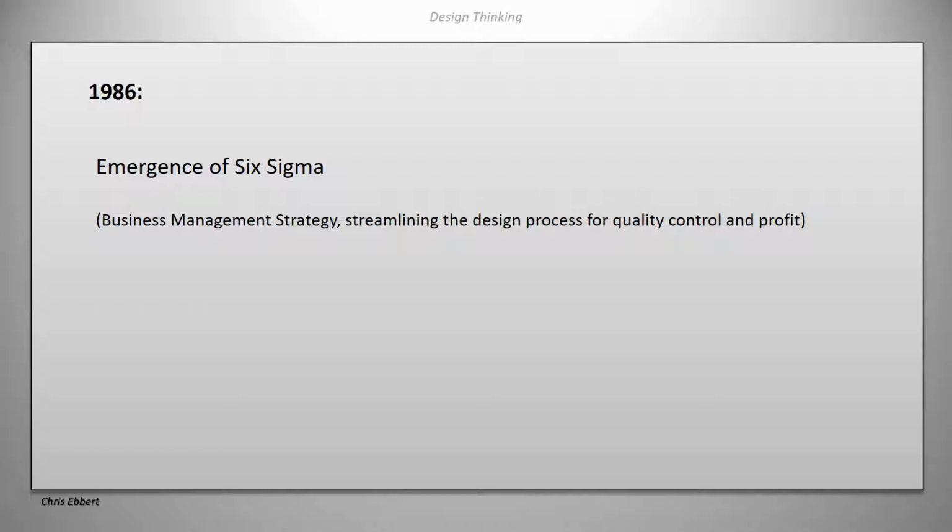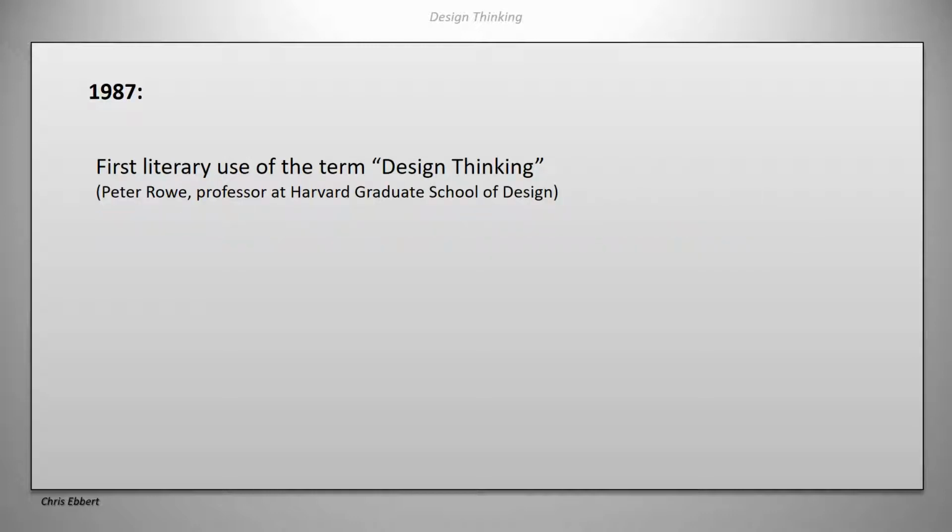Along came Six Sigma, a business management strategy. You could read up on that if you like. This is a very useful thing to know. And then finally, in the 1980s, we had Peter Rowe, a professor at Harvard, using the term design thinking for the first time.